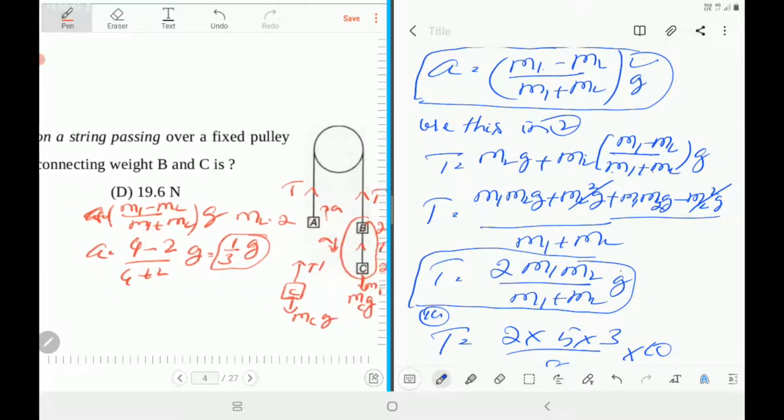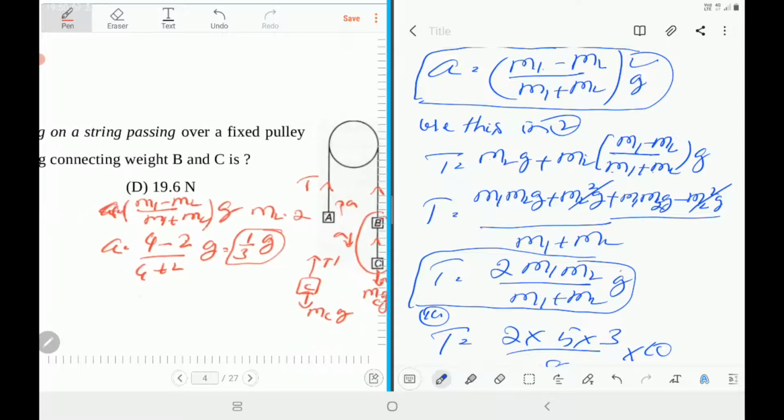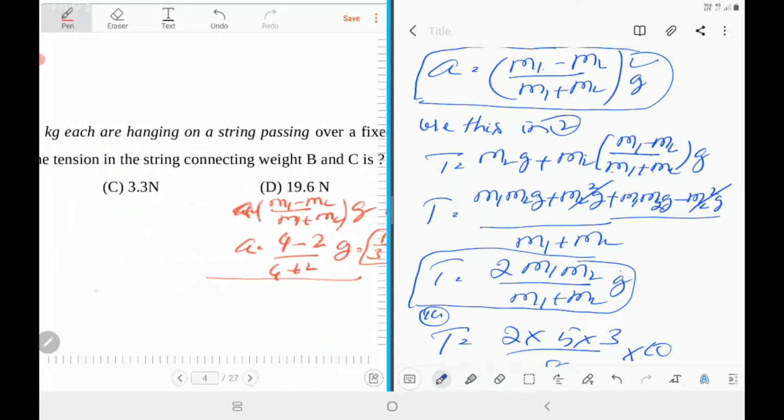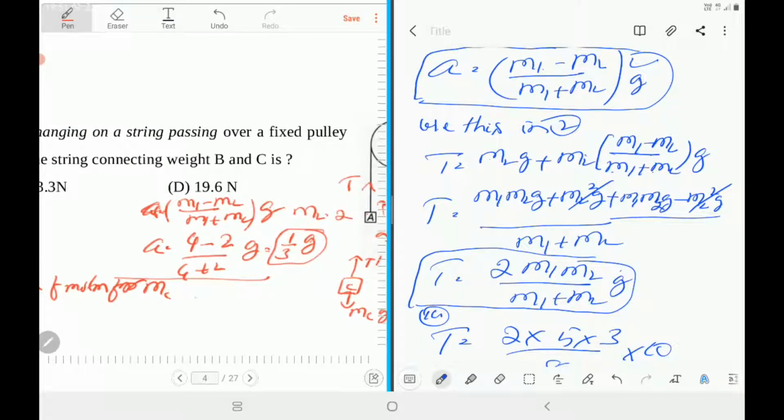So what is the equation of motion for this? Since the mass is moving down, what is the net force? Let's write the equation of motion for mc. As it is moving down, net force: weight mc g minus upward force T dash is equal to mass times acceleration.